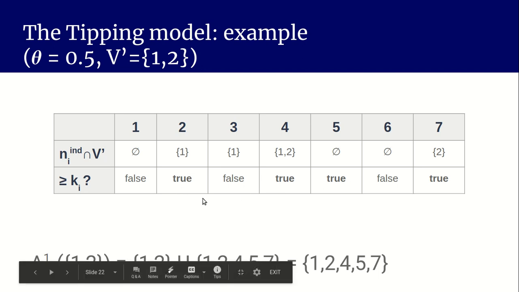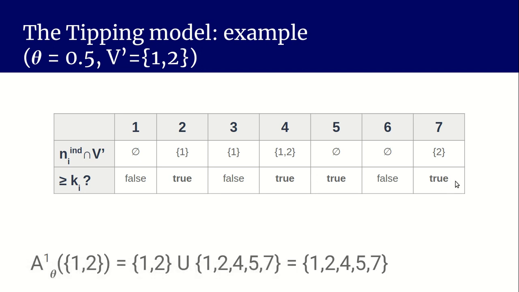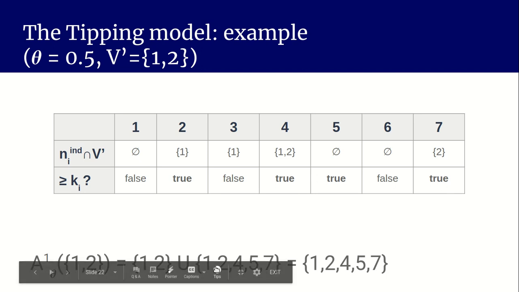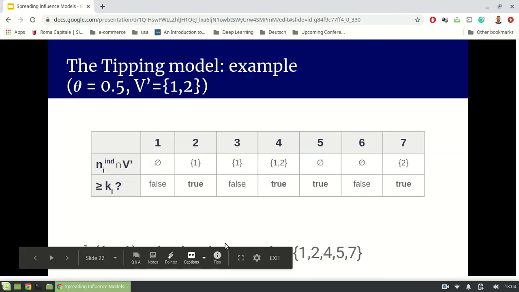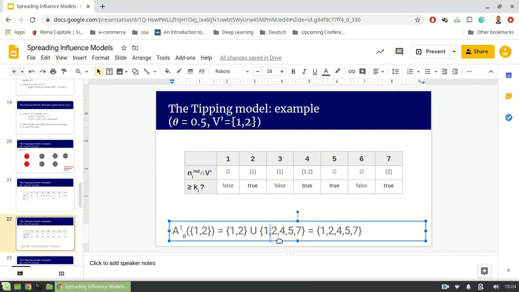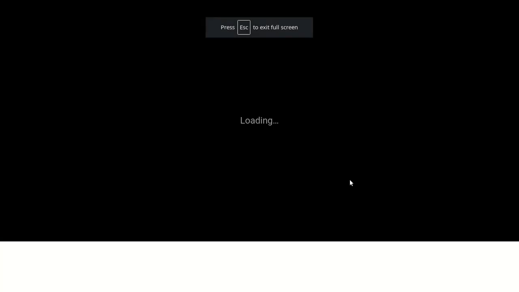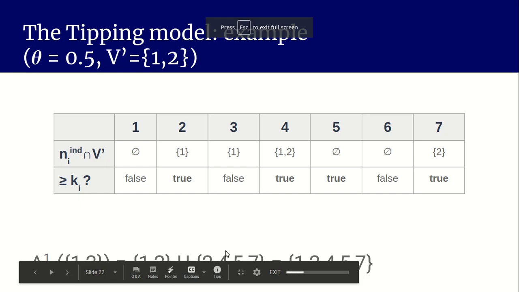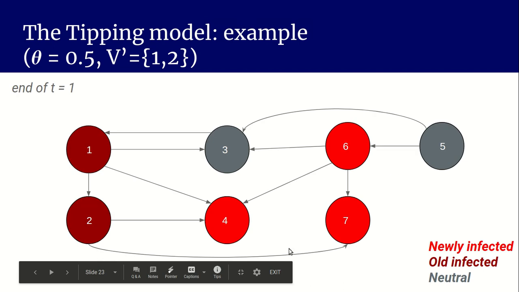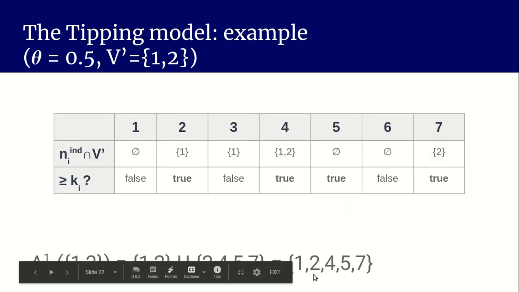So the set of produced nodes is 2, 4, 5, and 7. 1 shouldn't be here. Okay, so this is my bad, but 1 shouldn't be here. So it's only 2, 4, 5, and 7, and the union between 1 and 2 is this set here.